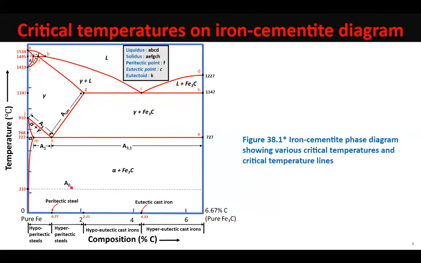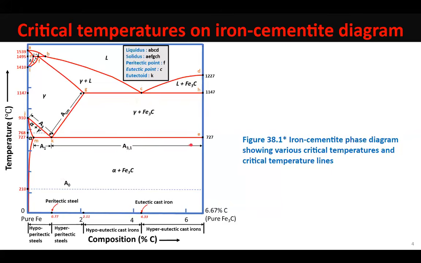Let me name them one by one. We have the A0 temperature, then the A1 temperature. The A0 line, this blue dotted line, which has been specially superimposed and otherwise is not a part of the iron cementite diagram, is called the A0 line. And this is the A1 line representing the A1 temperature.